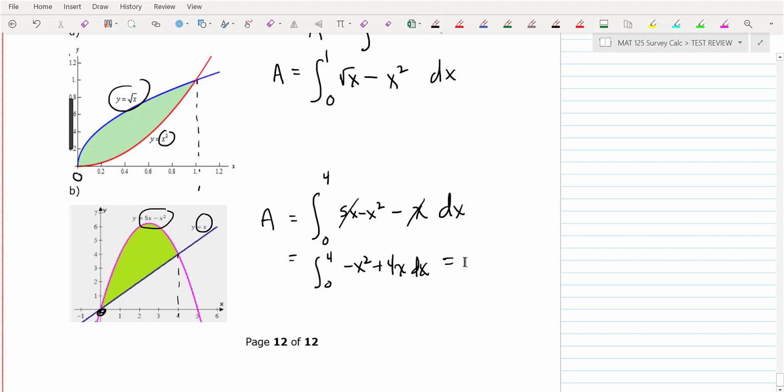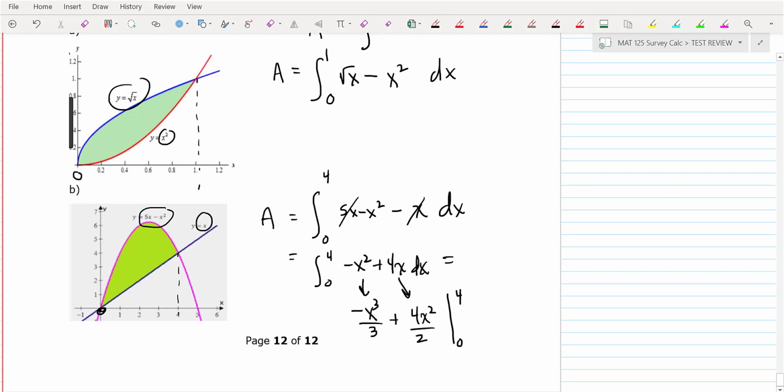Okay, right, now what we're going to do is do the antiderivative. Okay, and this one's pretty straightforward. So the antiderivative of negative x squared, what's that? Negative x to the third over 3. Okay, how about the next thing? 4x squared over 2, okay, like that. That's power rule. And then I usually put the bar 0 to 4, then we got to evaluate this.